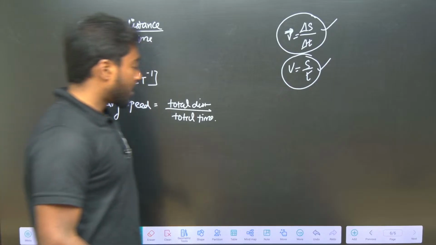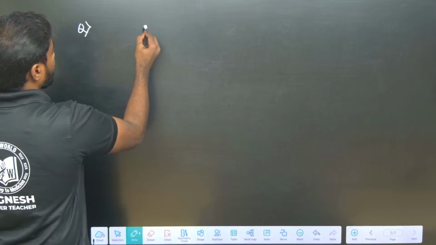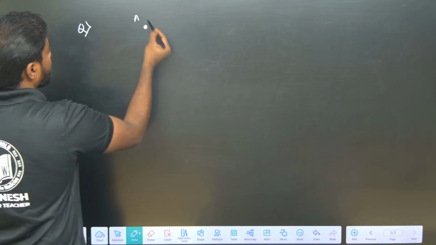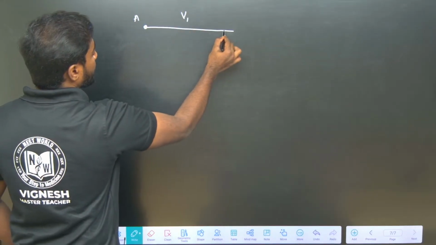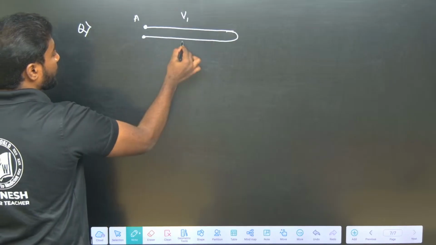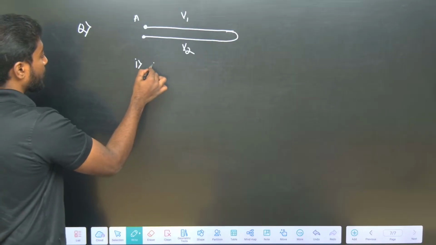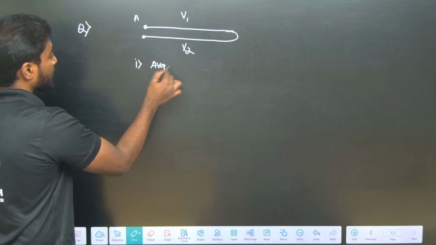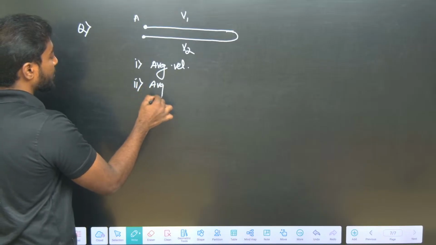Fine. Now the question here: from point A, an object has started with velocity v1 and after some time it returned back to the same point with a velocity v2. I need to find average velocity. Second question is average speed.